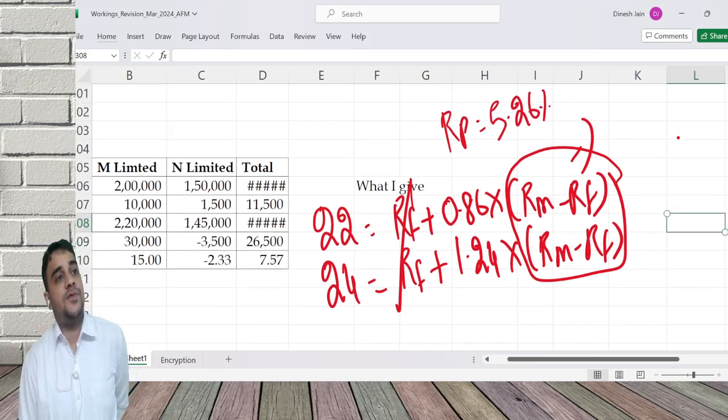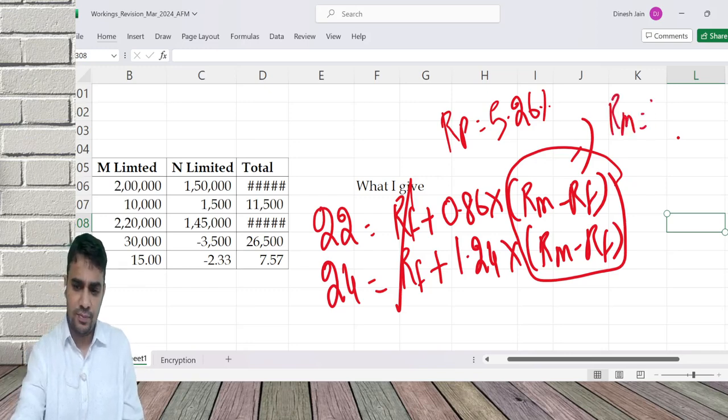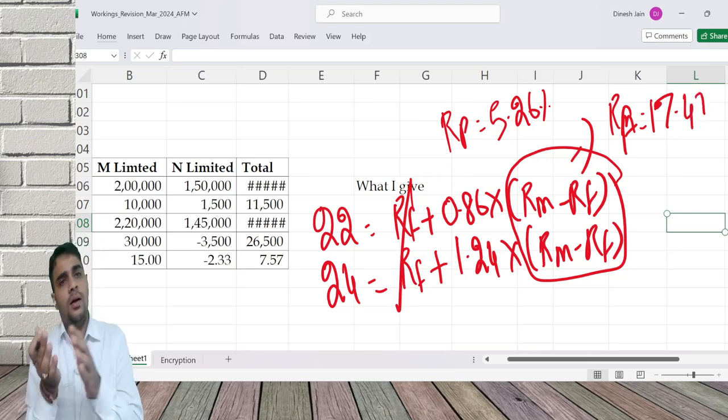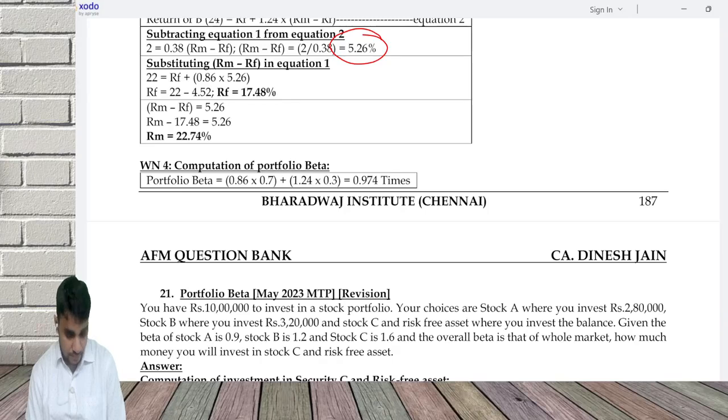This is the easiest way of solving. 17.48, sir. Okay, is this RF or RM? RF. 17.4. And if you add 5.26, you'll get RM. Clear? Any doubts on this? Simple calculation. Can we proceed?